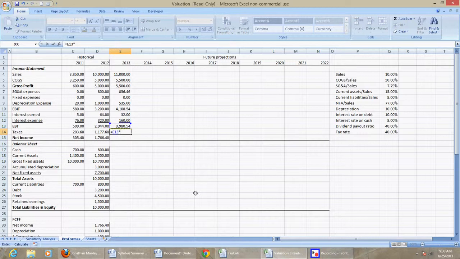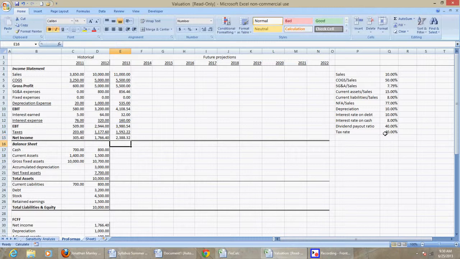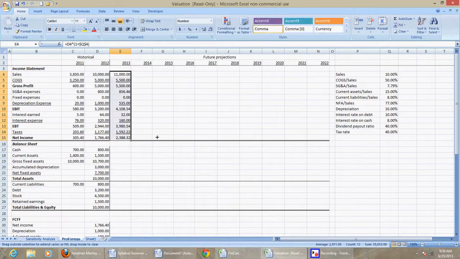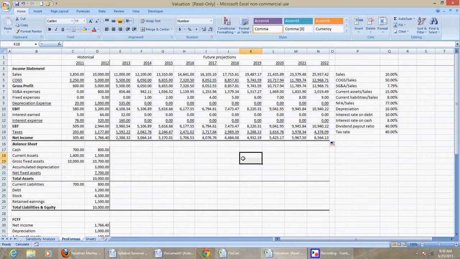Taxes are 40% of my taxable income. And there's my net income. Now I can go ahead and copy it all the way across, and there's my income statement, and each one of them is wrong because it depends on things in the balance sheet that we don't have yet.